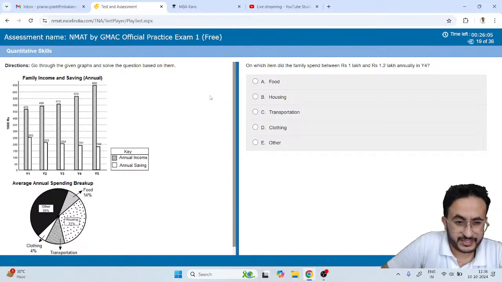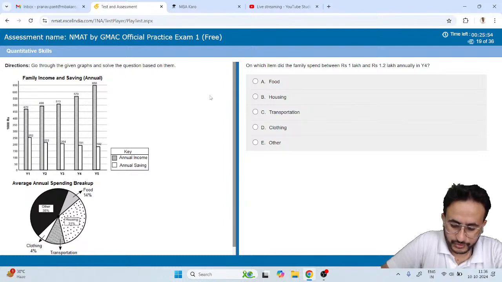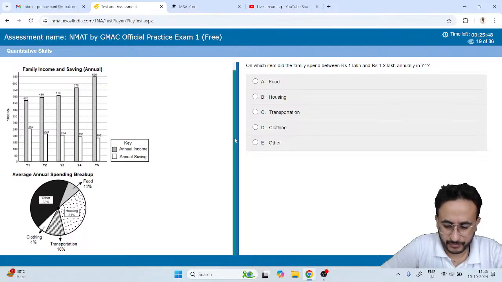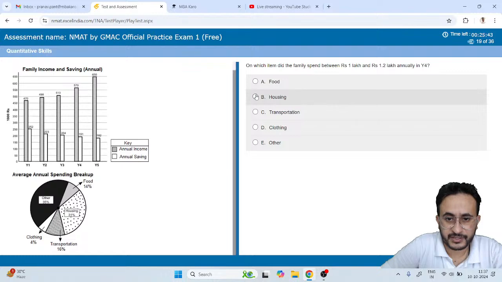If you take 30%, 379 into 3 is 114, so somewhere 1.1, right? If you take 31%. And if you take 35%, it will definitely be more. So the 31% item, that is housing, will be the one.